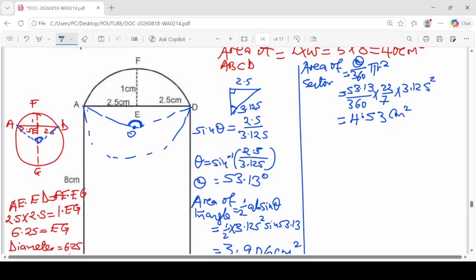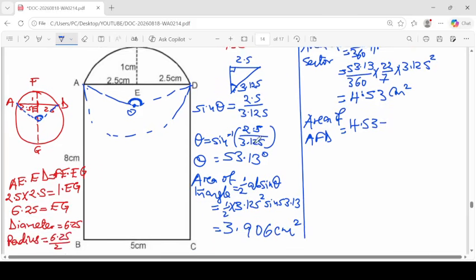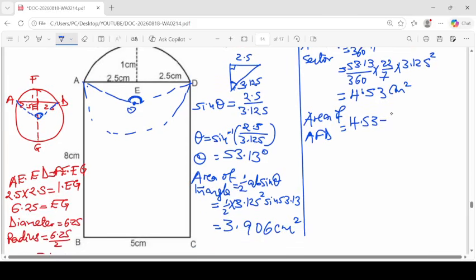Now I can get the area of the segment AFD. To get that area, I'll take the area of the sector, 4.53, minus the area of the triangle, 3.906.